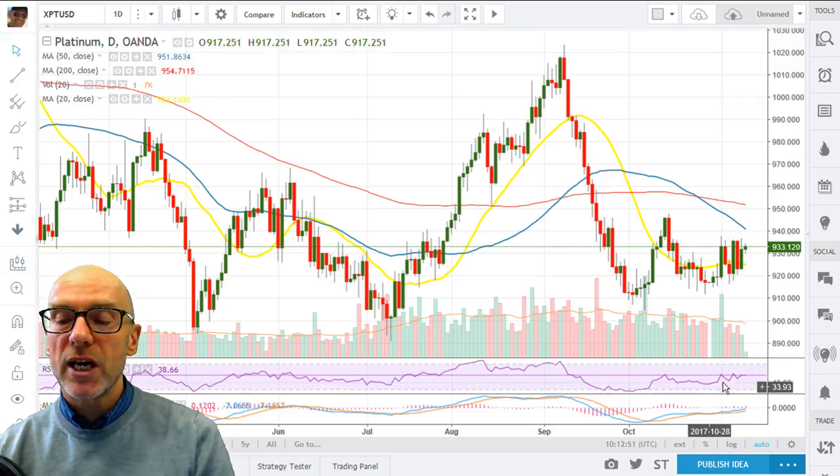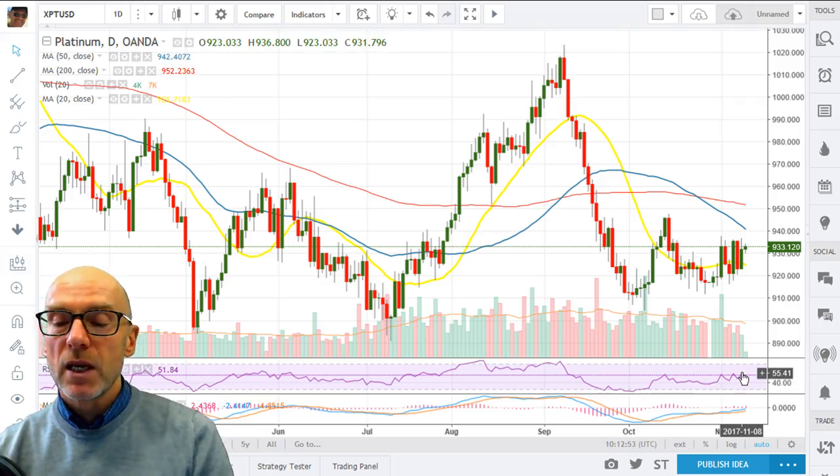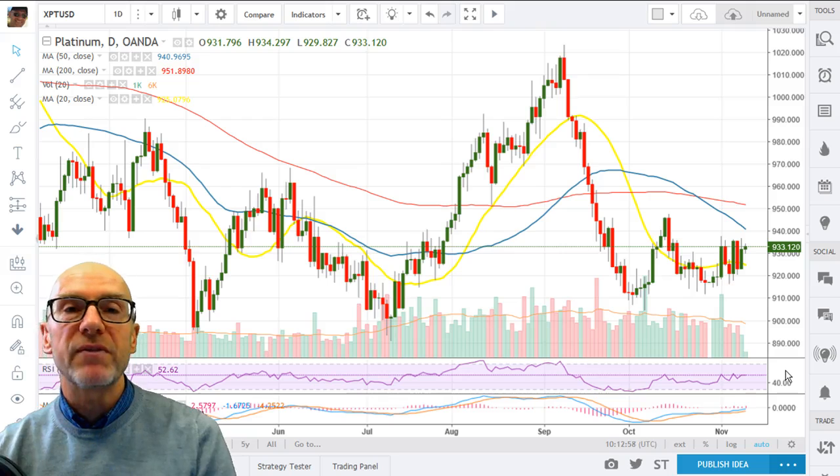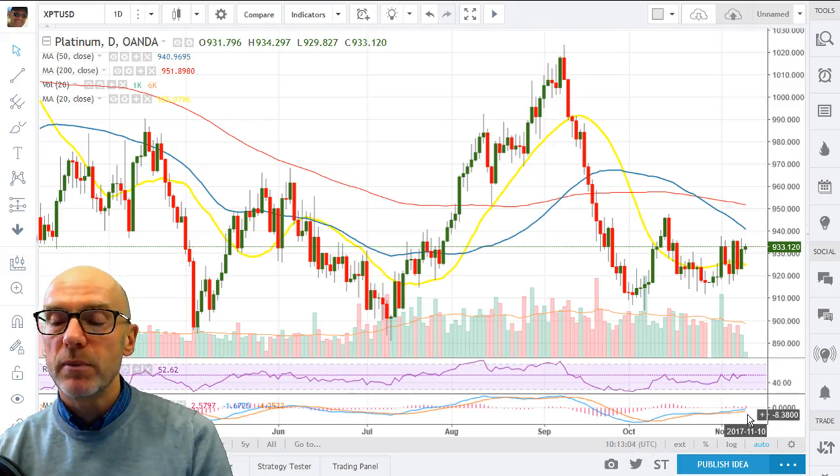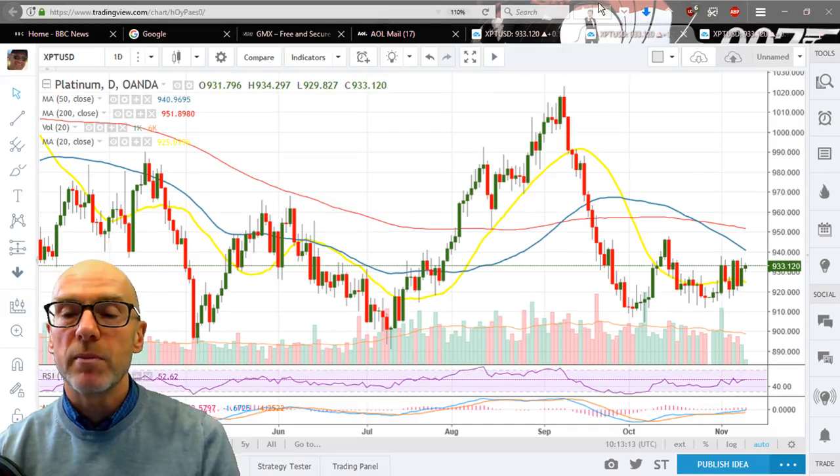You can see the RSI is in an uptrend. It has gone back above 50 as well, 52.62, and that's confirmed by the MACD. Short term moving above the long term, although they are still below 0, so not massive upside momentum, but there is visibility of upside momentum.